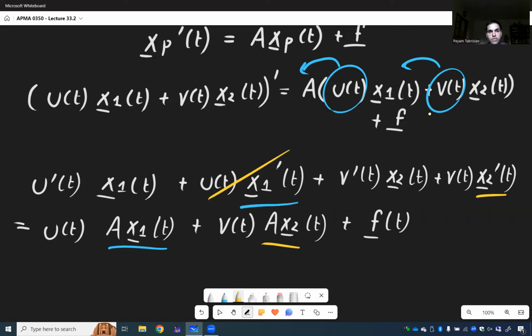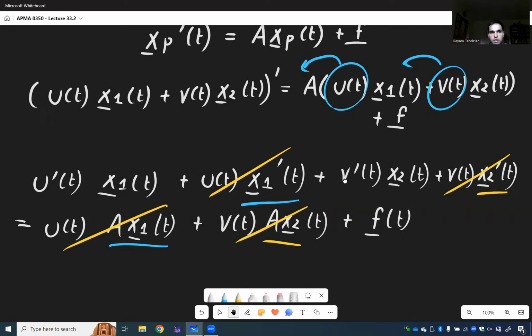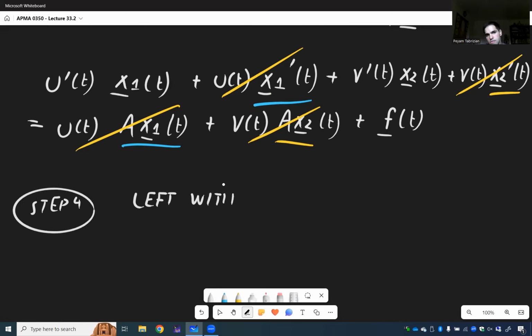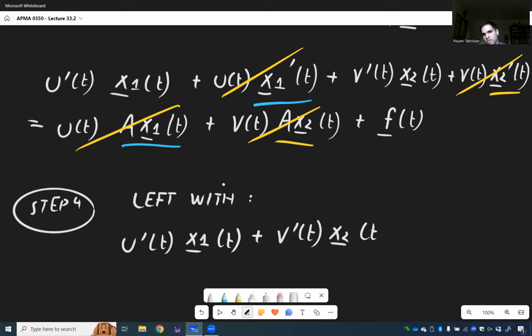So this cancels out with this, and this with this, and in the end, we're left with a much easier equation. Maybe let's do step 4. So we're left with the following: u prime of t x1 of t, plus v prime of t x2 of t, equals f of t.